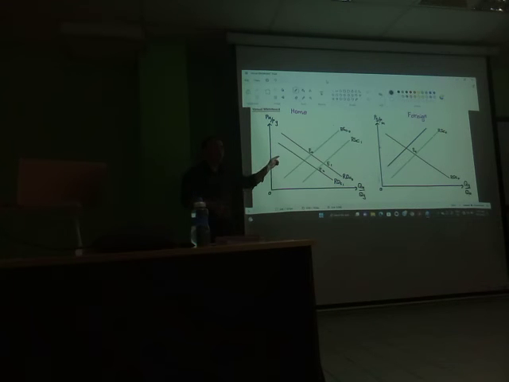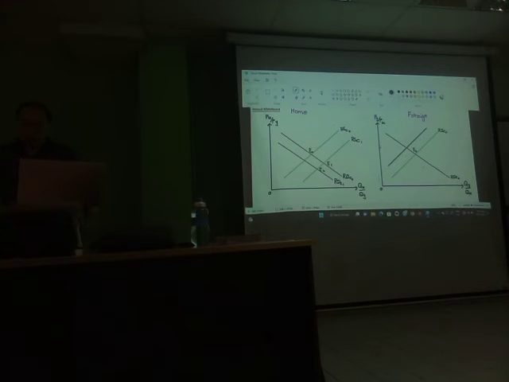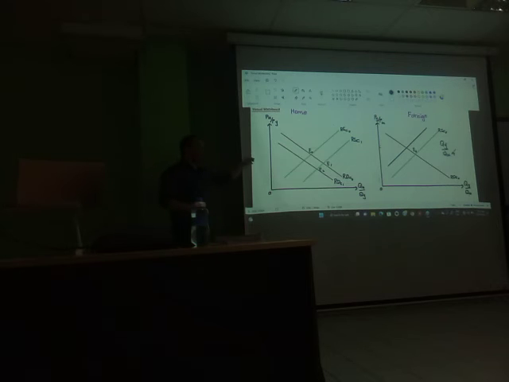But what is the consequence of tariff on the relative supply? We know the tariff will shift the relative demand curve to the right. So what is the effect on the relative supply curve? Do you think that will shift the relative supply curve to the left or right after the tariff? The import tariff.